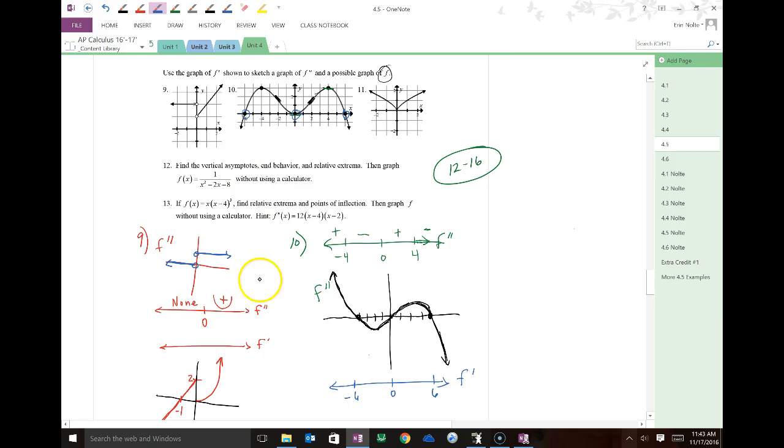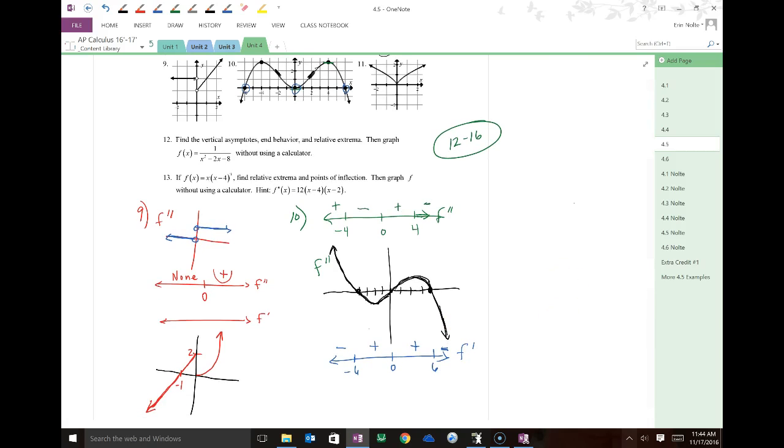So from the left of -6, the slope is below the x-axis, so we have a negative slope. Between -6 and 0, it is above the x-axis, so we have a positive slope. Between 0 and 6, we also have a positive slope. And from 6 to infinity, we have a negative slope.